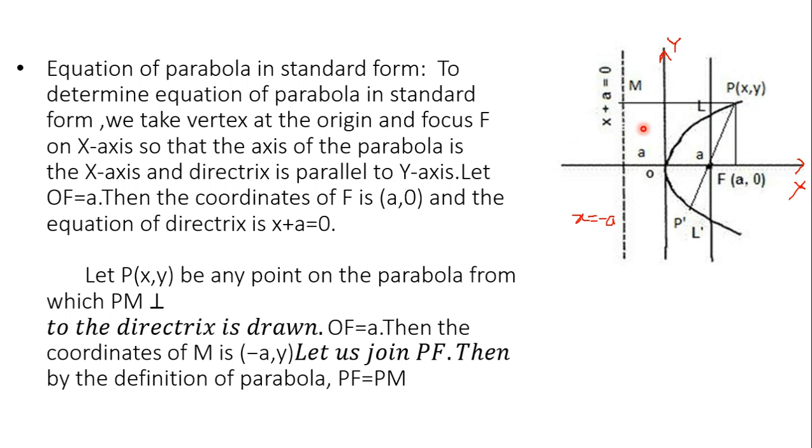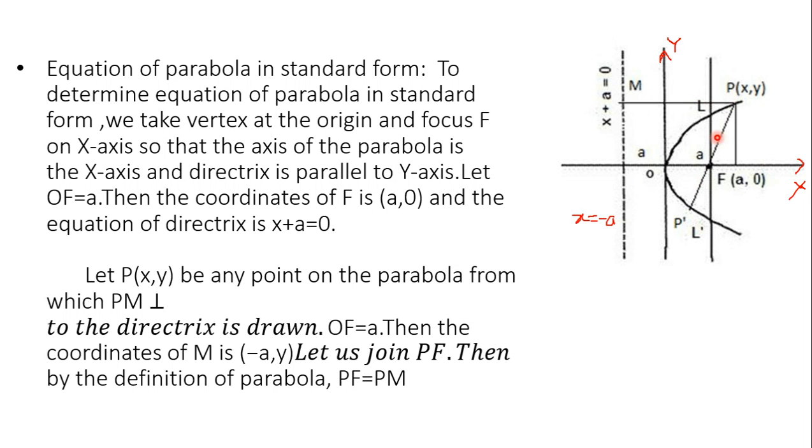So the coordinate of the point M on the directrix is (-a, y), and we join PF. Then by the definition of the parabola, PF equals PM, because any point on the parabola is equidistant from a fixed point and a fixed straight line.